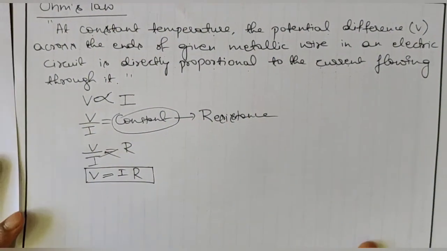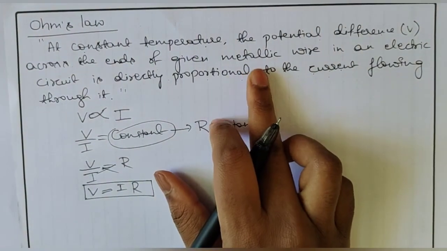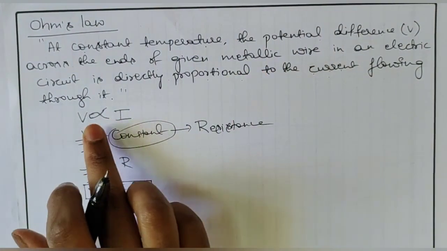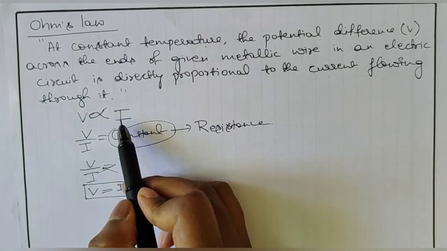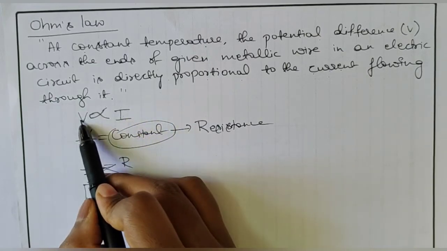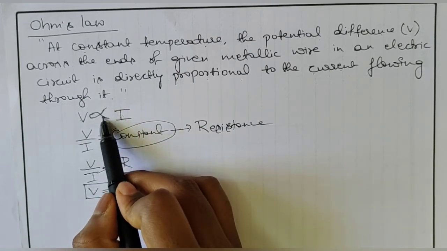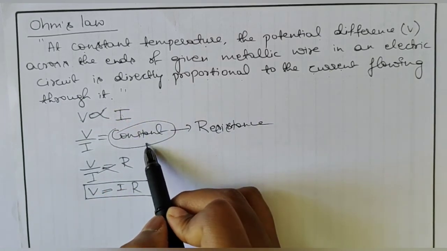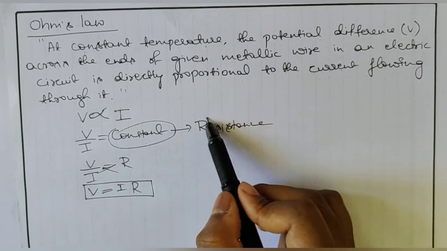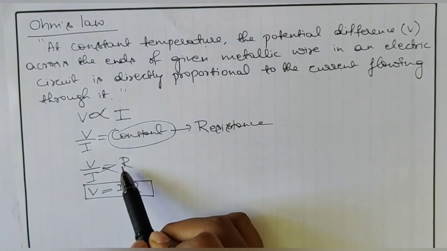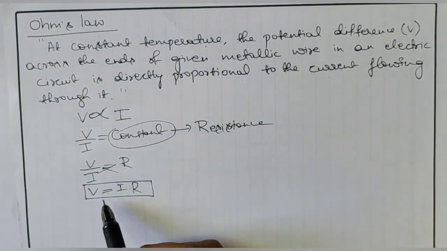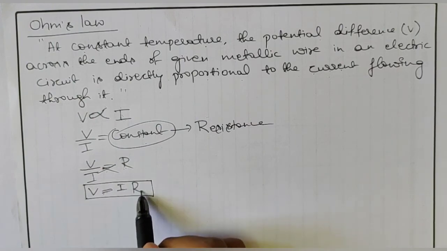Clear? Once again I'll repeat. This is a statement. Based on the statement, we can write one equation, that is V is directly proportional to I. I is current. Potential difference is directly proportional to current. We need to remove the proportionality by introducing a constant term, that is resistance. So here we are taking resistance. Then after modification we got V equals IR.